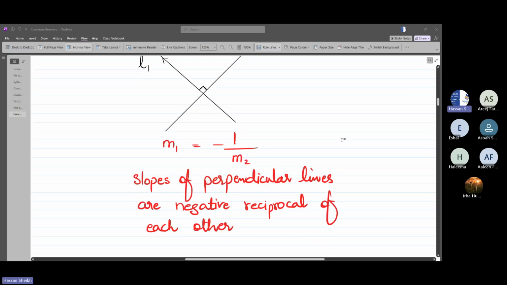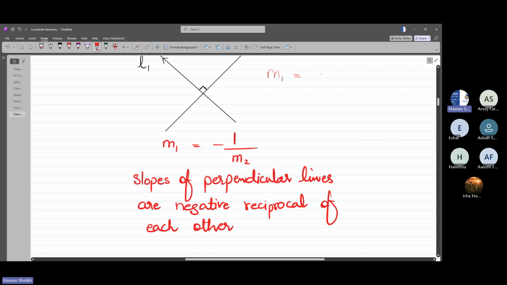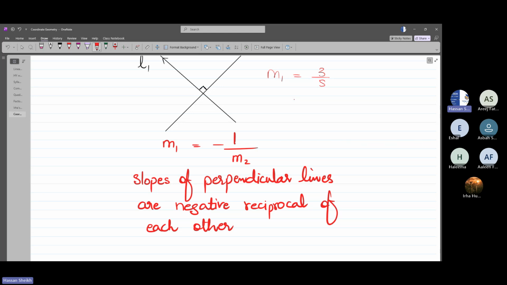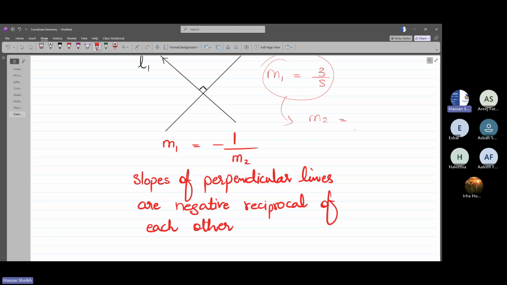Look, if you have a slope of M1, and you need to find the slope of M2. Let's suppose we have M1 as 3 over 5. Suppose they provide us with the slope, or we find out the slope of line L1, which is M1 as 3 over 5. And then you want to write the slope of line 2, which is M2. Simply change the sign.